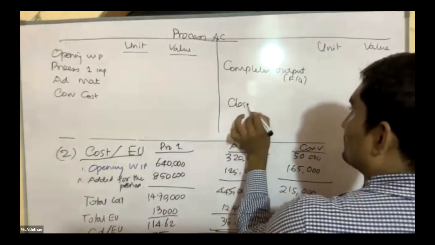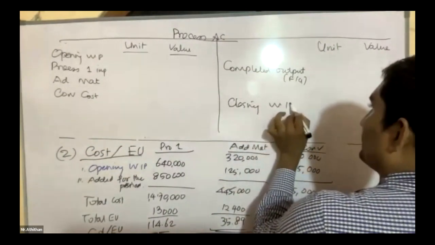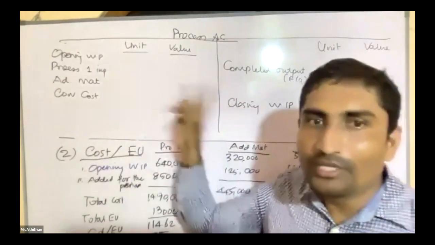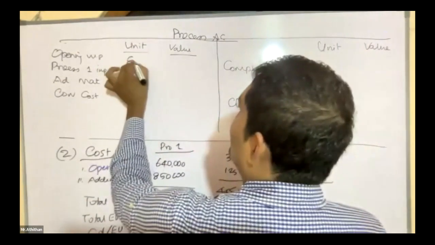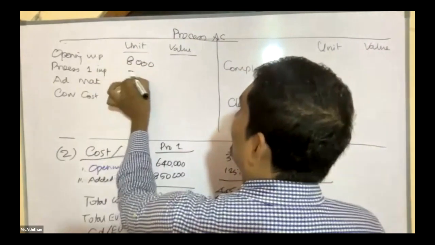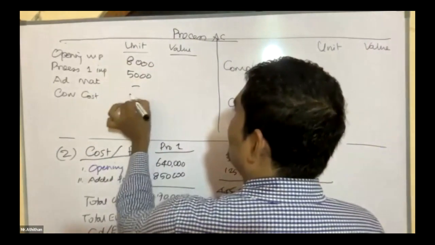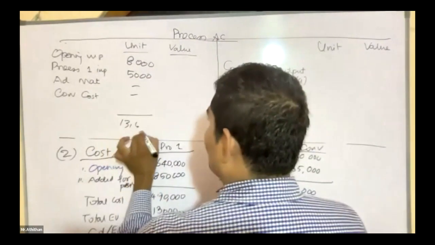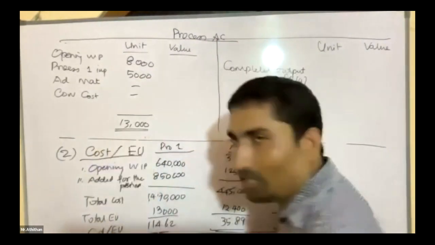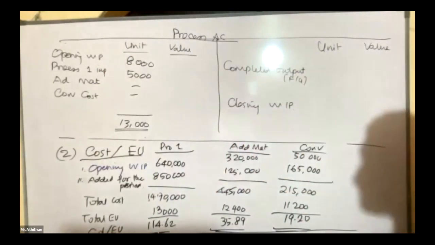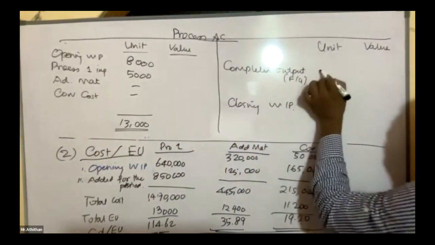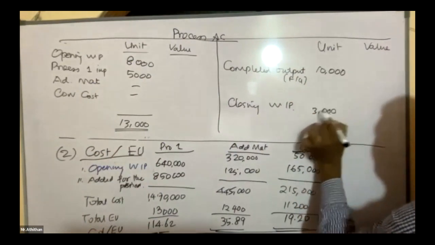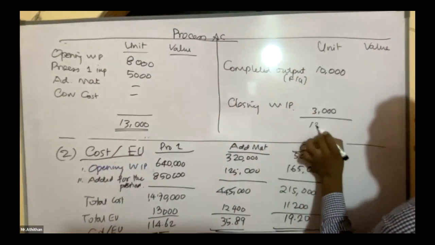Closing WIP, right? Opening, we know how many units. 8,000 units. Process 1, 5,000 units. These do not have units. So that will be 13,000. Okay. So the same way here, we need to have the 13,000. 10,000 completed. 3,000 carried forward. So 13,000.